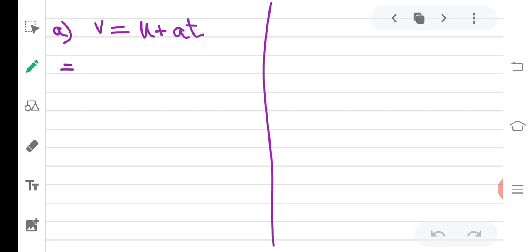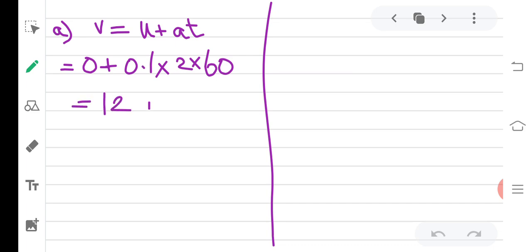Now we know u is equal to 0, and a is 0.1, into 2 minutes, so change it into seconds, 2 into 60 seconds. So the answer is 12 meter per second. So the first question, the speed acquired: v is equal to u plus at, which is 0 plus 0.1 into 120 seconds.